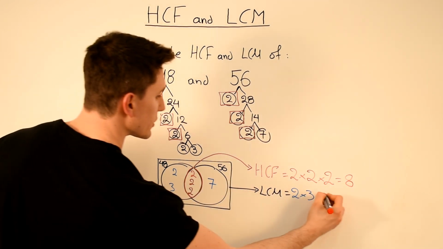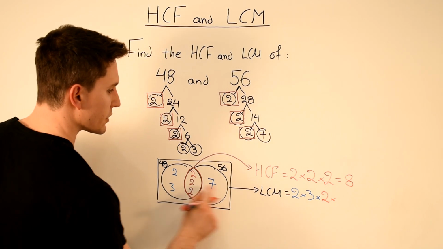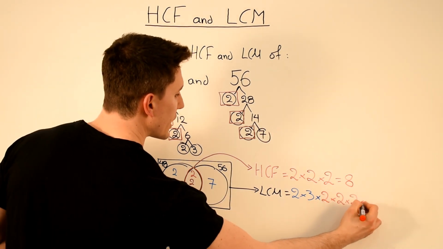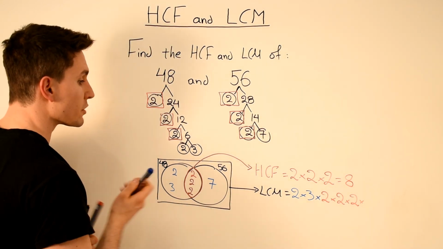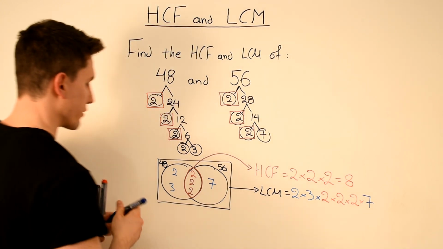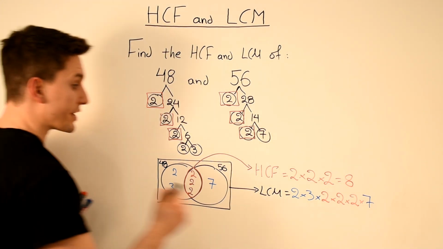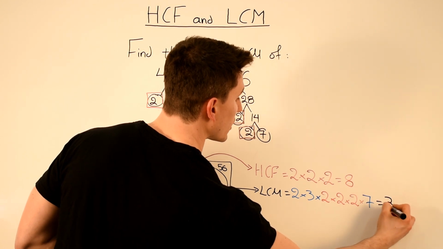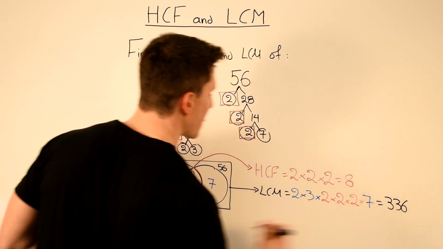So we've got times 2 times 2 times 2. And finally, let's not forget to multiply by this 7 that appears in the Venn diagram as well. Now if we actually calculate the answer to this, we will find that it's actually equal to 336.